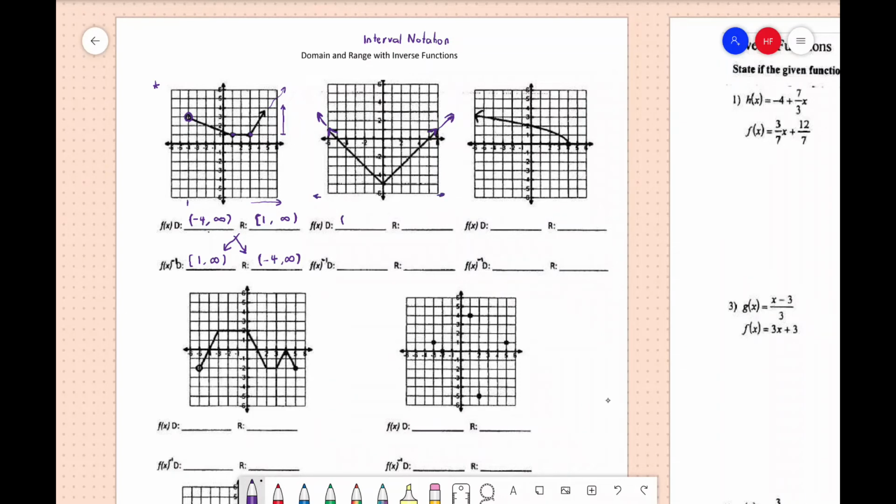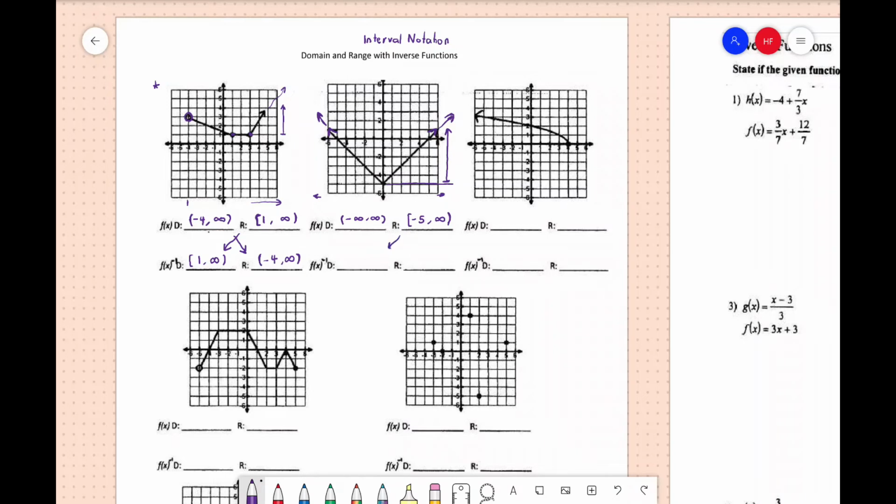So my domain is -infinity to +infinity. My range has a lower bound. It stops here, but it is going to continue because of those arrowheads. So my range stops at this value right here, which is -5. So the lower bound on my range is -5. The upper bound is infinity.